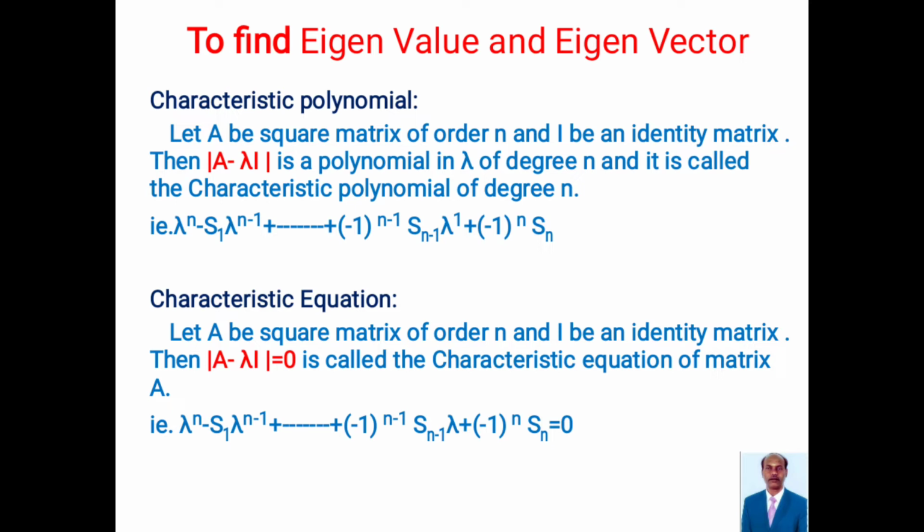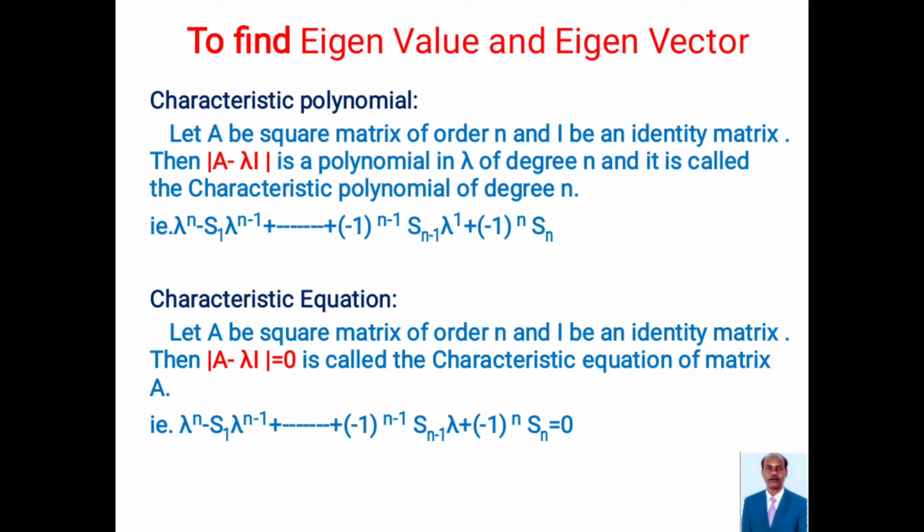How can we write it in polynomial format? Lambda power n minus s1 lambda power n minus 1 plus etc. plus minus 1 whole power n minus 1 s(n-1) lambda power 1, then plus minus 1 whole power n sn. Here s1, s2, etc. up to sn are the sums of the products of the roots, taken one term, two terms, or n terms at a time.